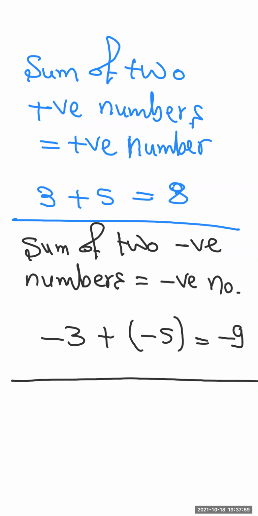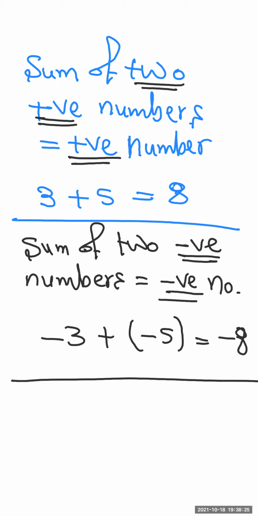Okay, guys, are we clear till this one? Yes. Negative 3 and 5, -8. Okay? So the sum of two positive will be positive. Sum of two negative will be negative. Okay?